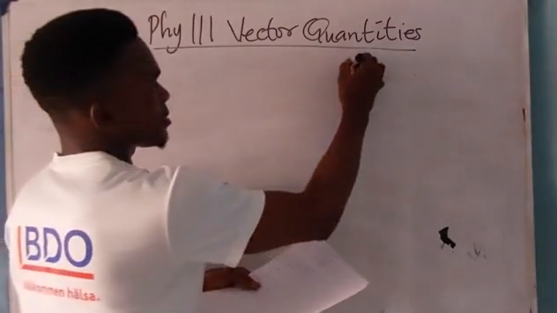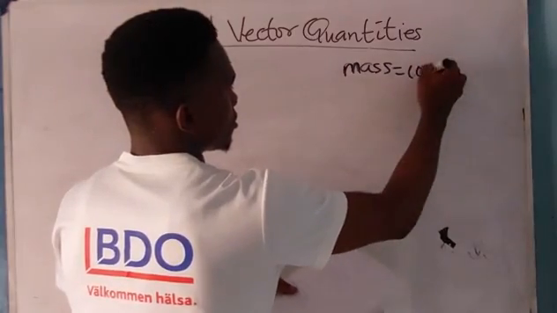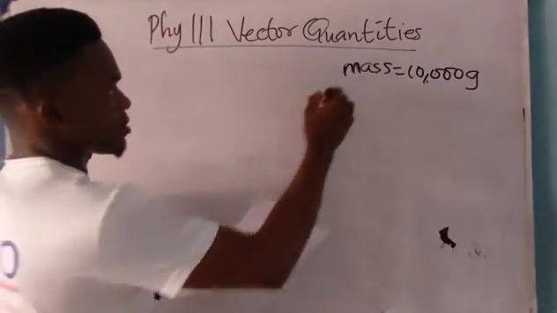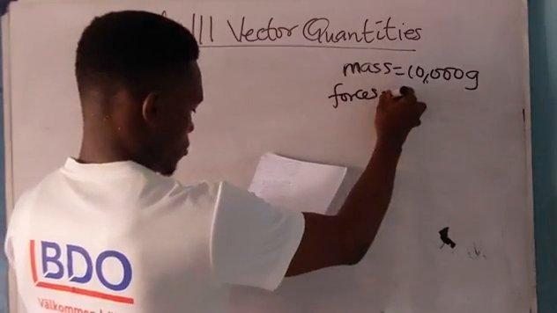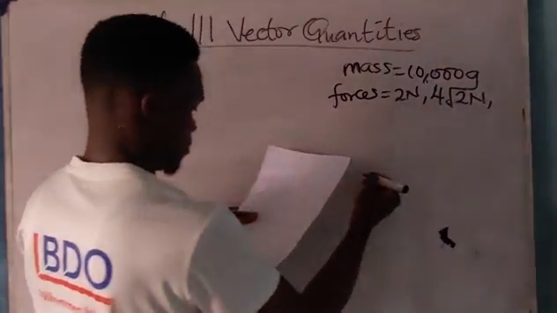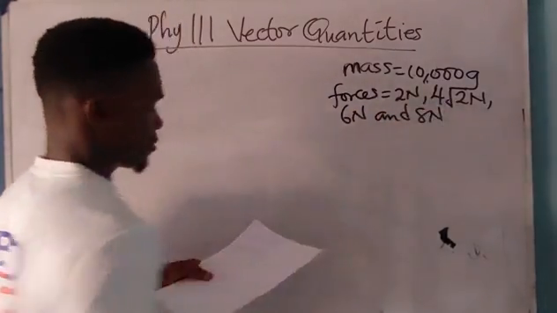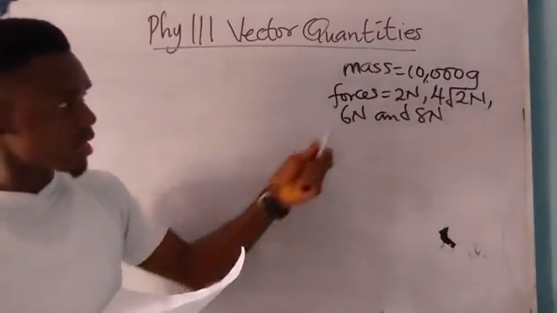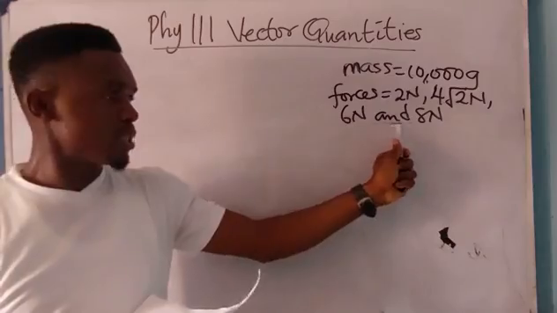A particle of mass 10,000 gram is acted upon by forces of 2 Newton, 4 root 2 Newton, 6 Newton, and 8 Newton.